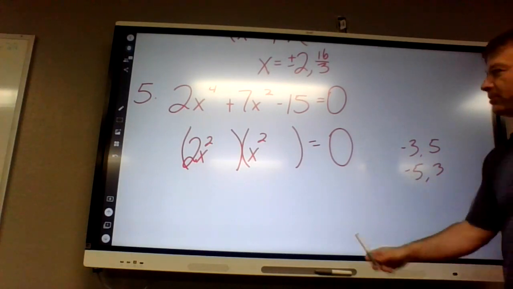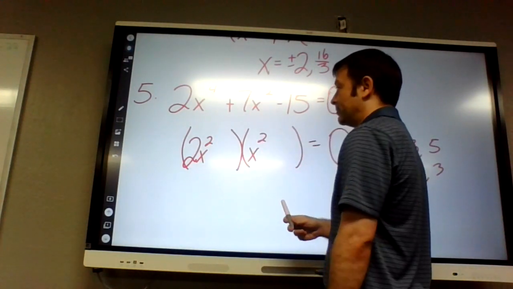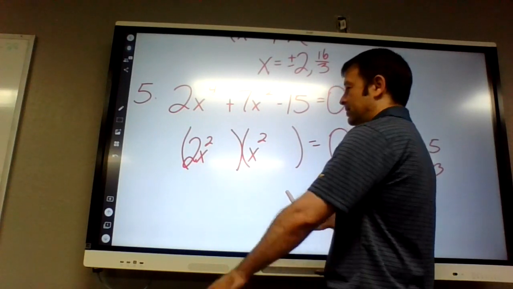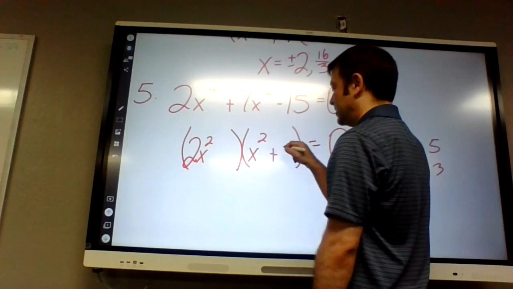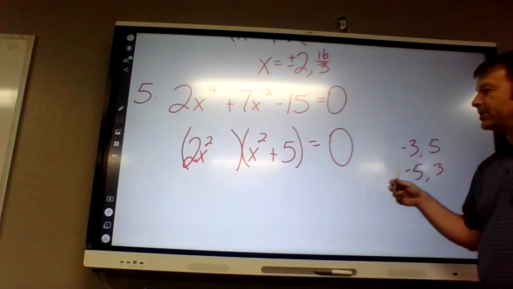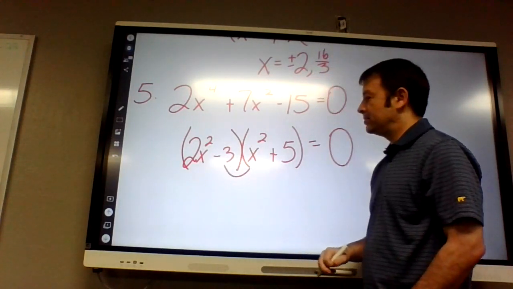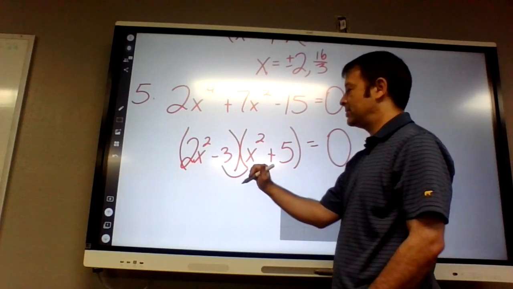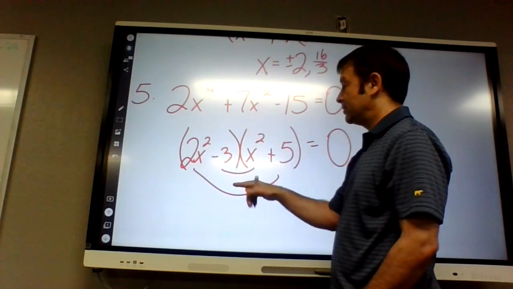Okay, when we do outside inside of the FOIL, we want it to add up to 7. If I put the 5 with the 2, that gets me to 10. And then the minus 3 with the x squared gives me negative 3x squared. So 10 minus 3 is 7.